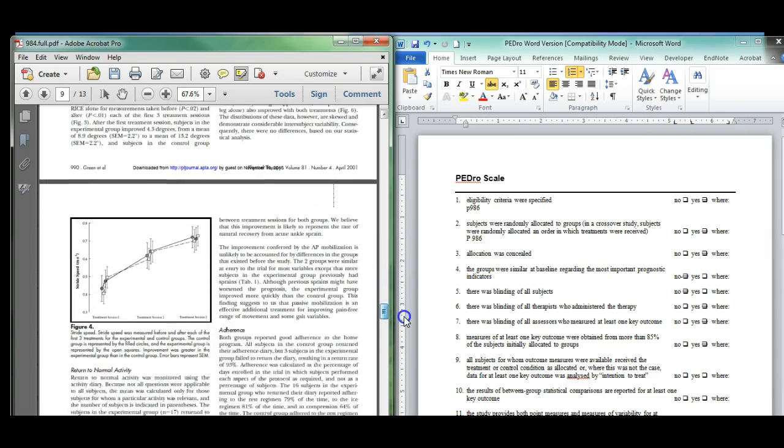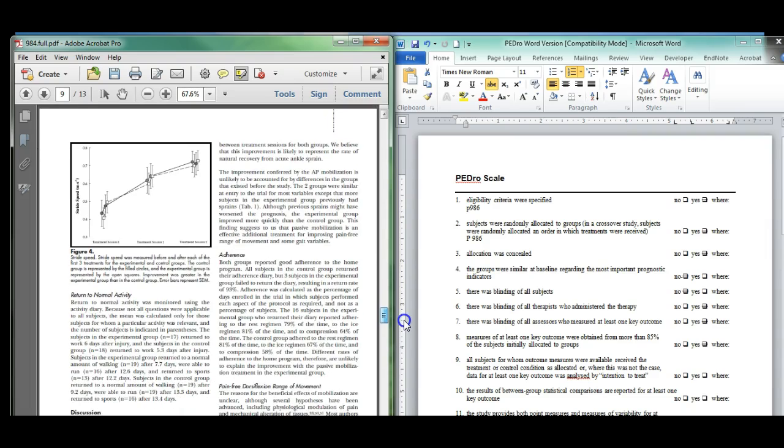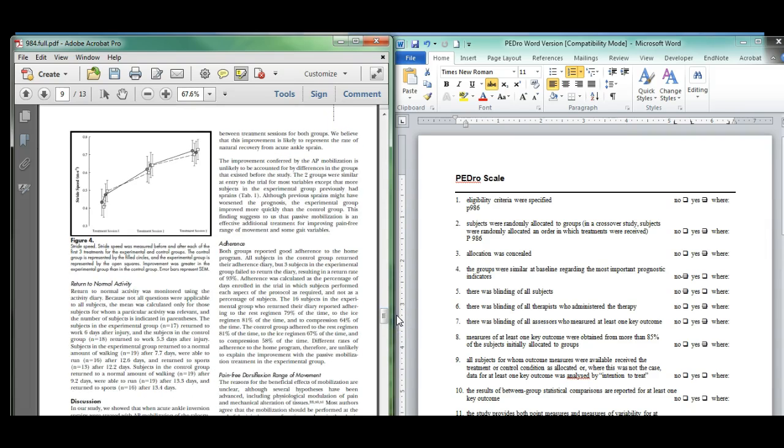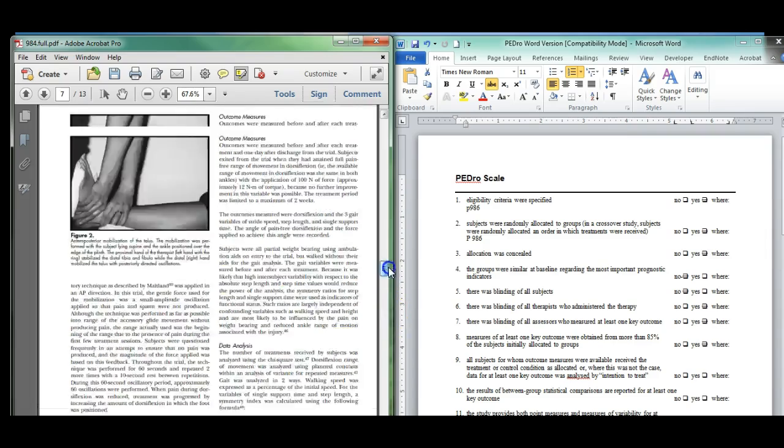But it appears based on just reading that, in fact, most of the subjects completed and received the treatment. But then if we look here at the adherence section, this probably would give us a little bit more. All subjects in the control group returned their adherence diary. 3 subjects in the experimental group failed to return their activity diary. But this again has nothing to do with whether or not the subjects made it through the study itself.